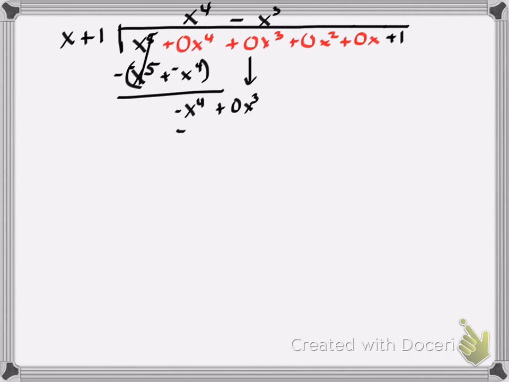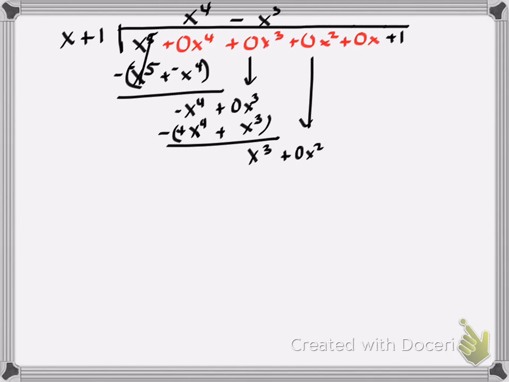And we end up with negative x to the fourth minus x to the third. When I subtract it, it makes this positive and this positive. And so I am left with an x to the third. And I'm going to bring down my plus 0x to the second.